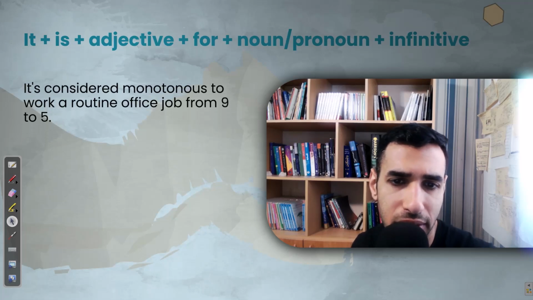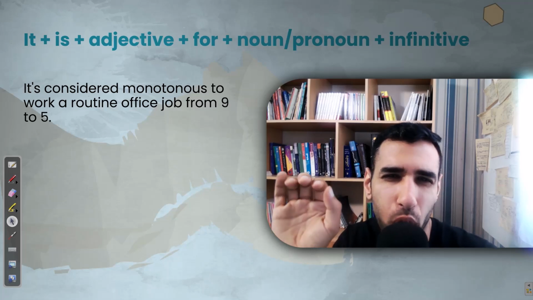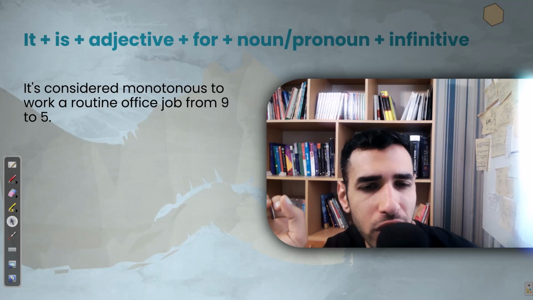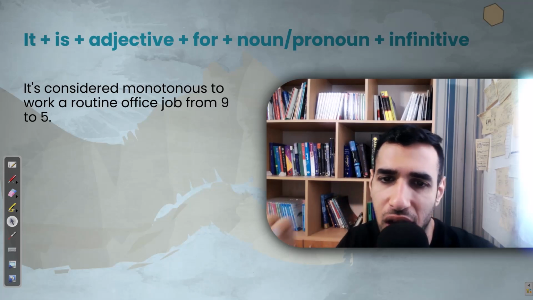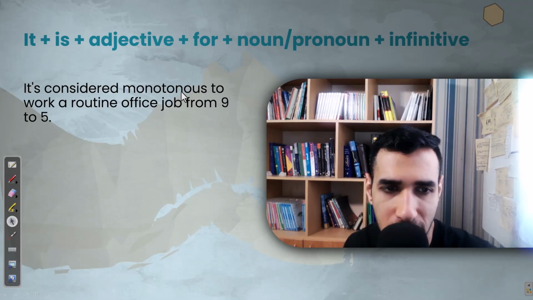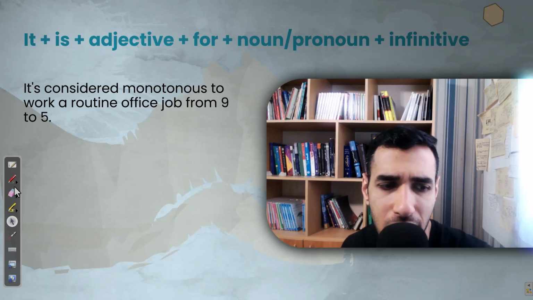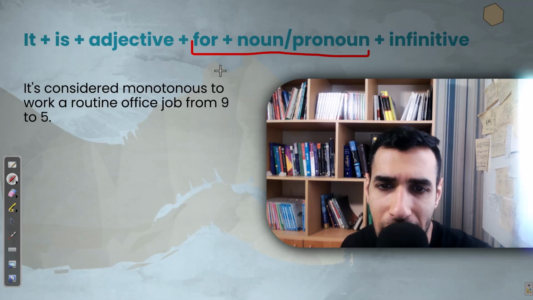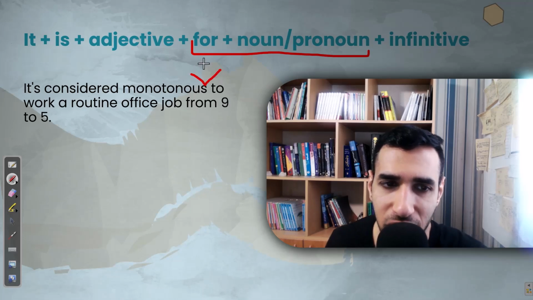It's considered monotonous. Means tedious, dull, boring. It's considered monotonous to work a routine office job from 9 to 5. Monotonous is an adjective, and here this structure is missing a person. Let's add "for somebody" here.